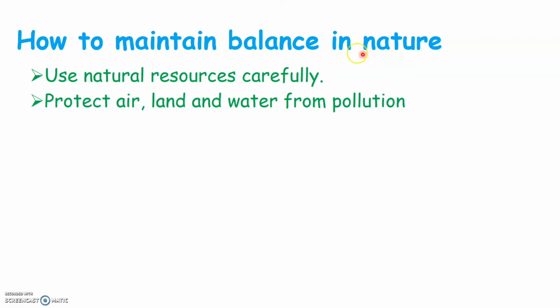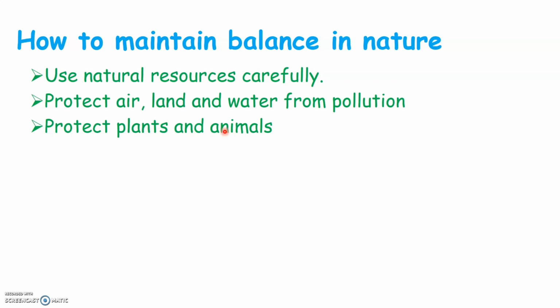Another way in which we can maintain a balance in nature is by protecting plants and animals around us. Now, why do you think we need to protect plants and animals? Yes, we have just learned that all plants and all animals are necessary in a food chain, which means only if there is food chain, we have a proper balance in nature.